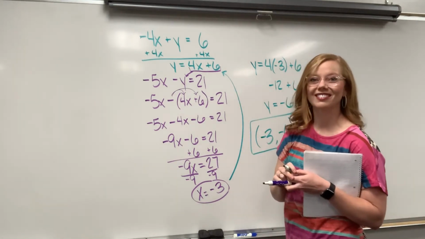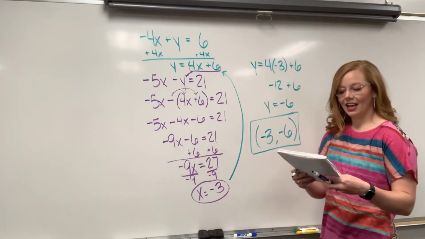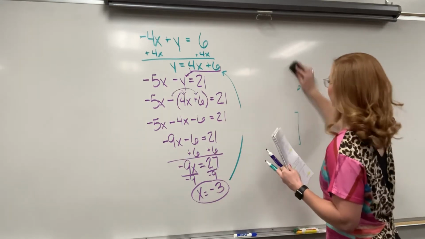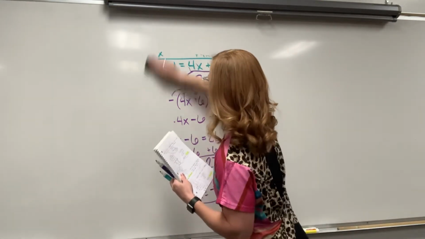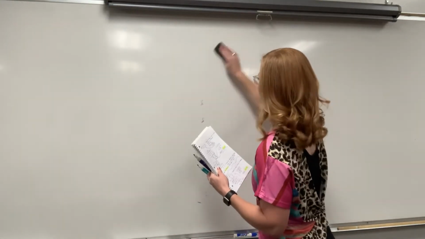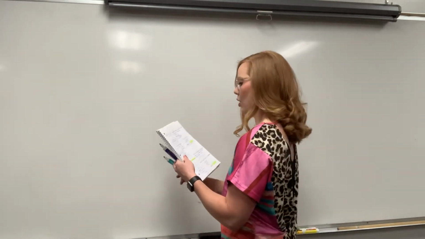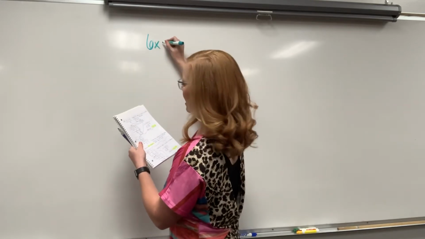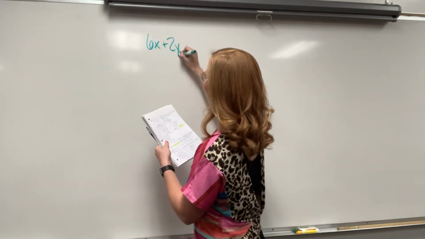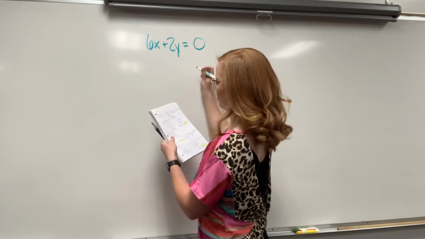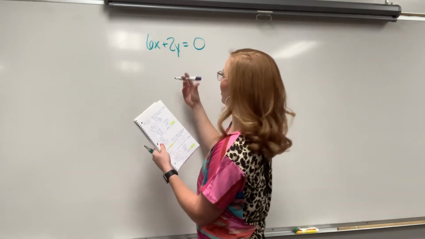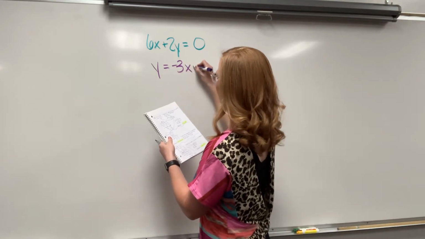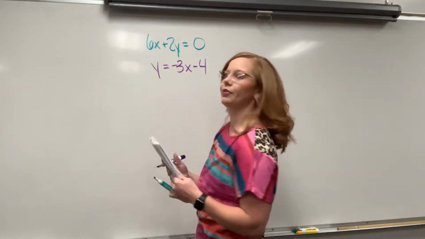There's my solution. Okay? Let's look at another one. What if I have 6x plus 2y equals 0 and y equals negative 3x minus 4?